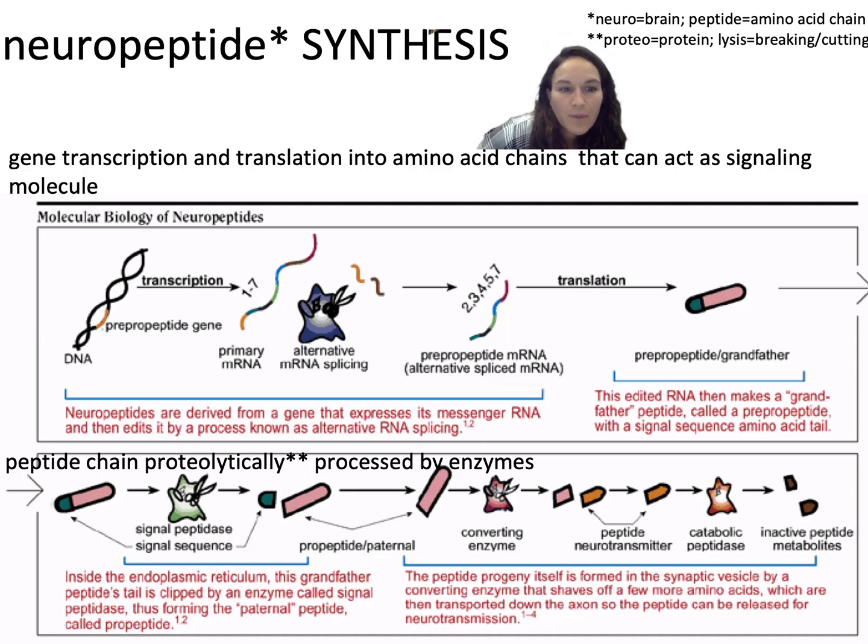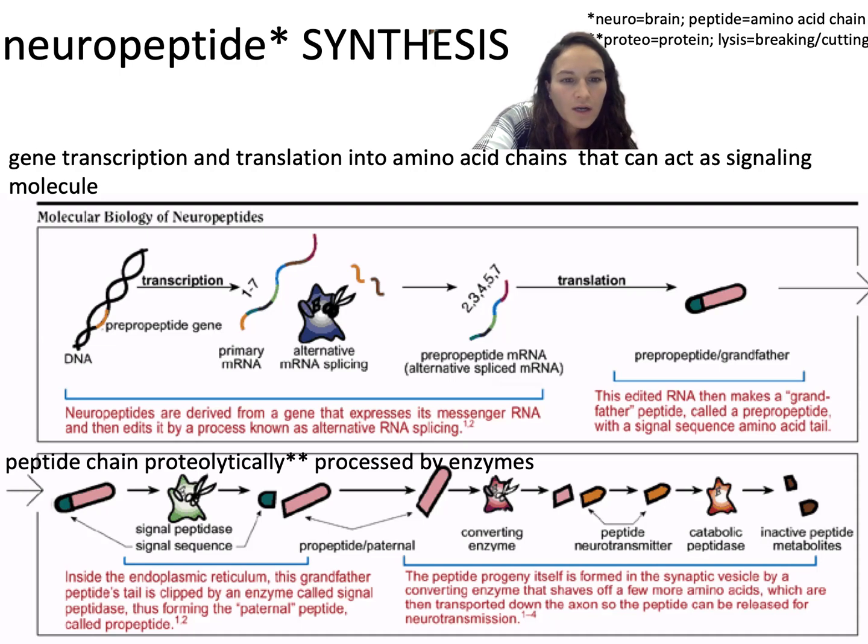So if it's a type of enzyme that won't cut the peptide altogether, or it doesn't express any of these proteolytic enzymes, it's just going to release that full POMC peptide. If it's a peptide that is expressed at the same time as proteolytic enzymes that can cut it, then we're going to get the release of a lot of other smaller neuropeptide molecules that would have their own signaling effects.